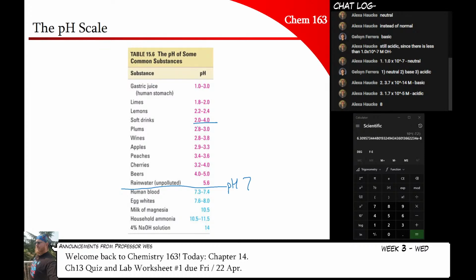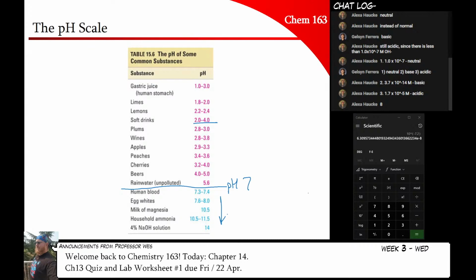Going in the other direction, if you are further away from pH 7 in the basic direction, you actually rather quickly reach things that are not super great for you.